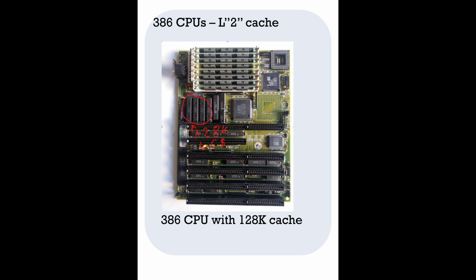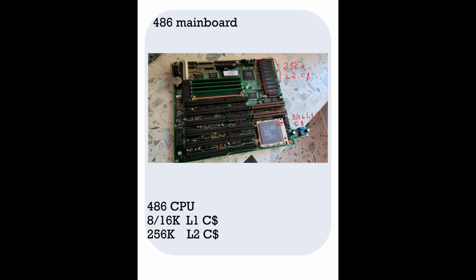If we advance, we will see the same thing. A typical 486 could have 256 kilobytes of cache.